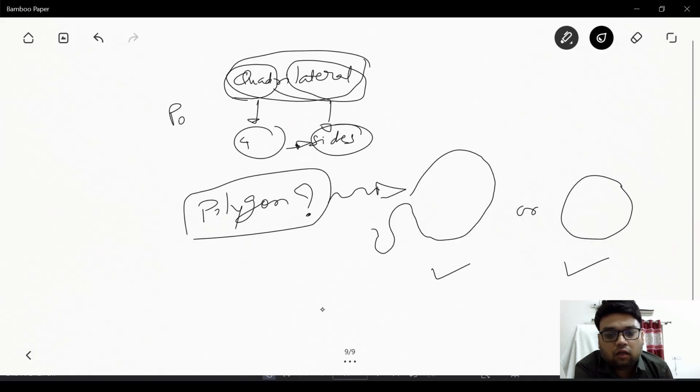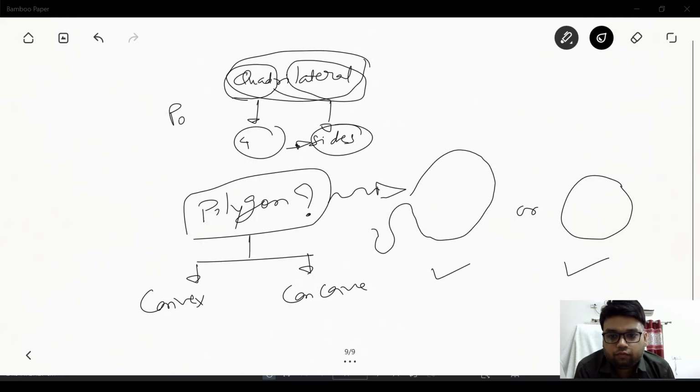Further, as per our notebook, we can classify polygons into two types: convex polygon and concave polygon. So what is a convex polygon and what is a concave polygon?